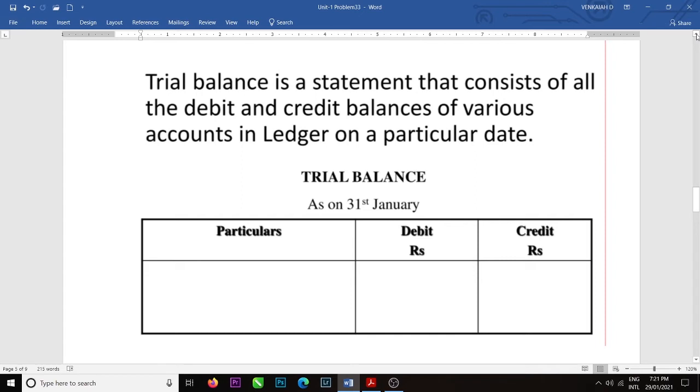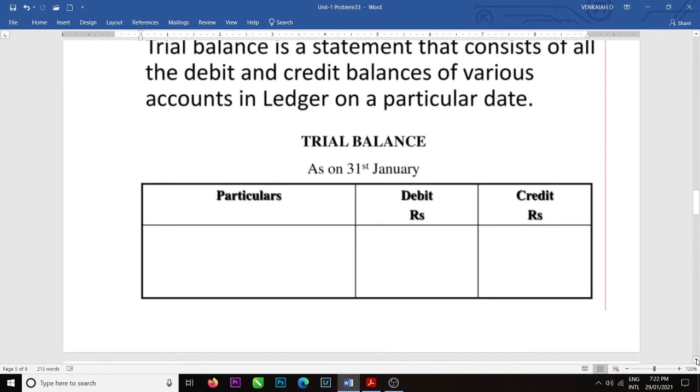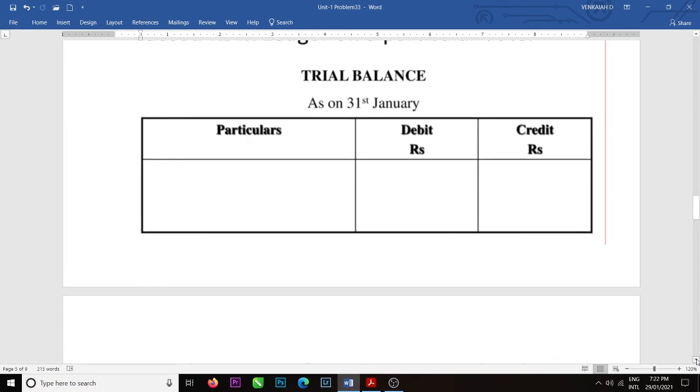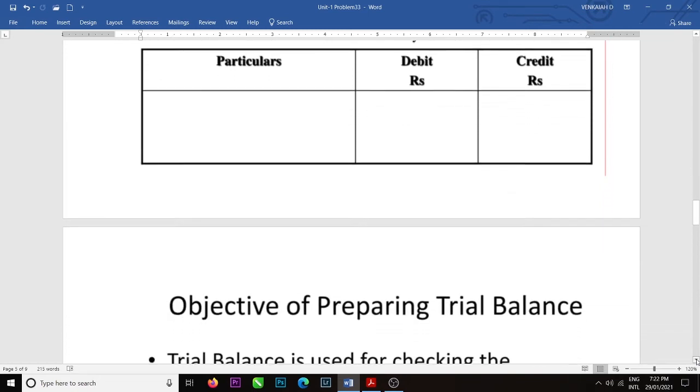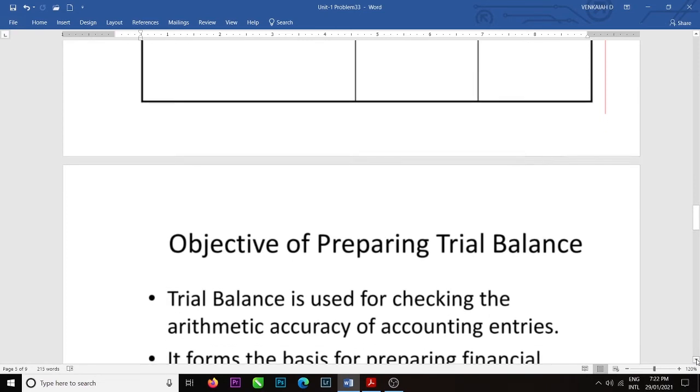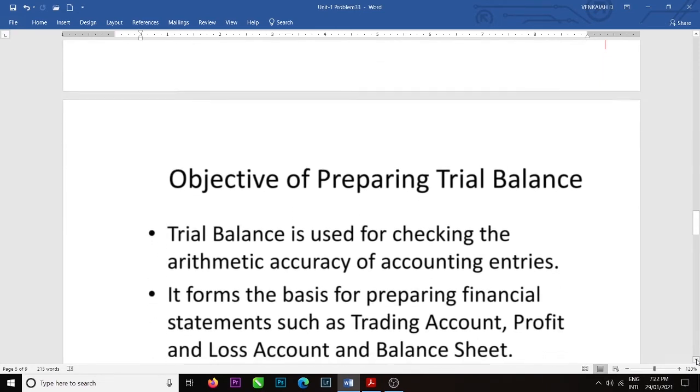Whether you want it for one week or one month, whenever you want, just balance the ledger accounts and put them in the trial balance format, with debit and credit balances, and find out whether they are balanced or tallied or not. The objective of preparing a trial balance is to know the arithmetic accuracy.